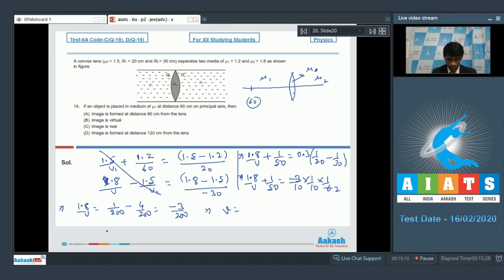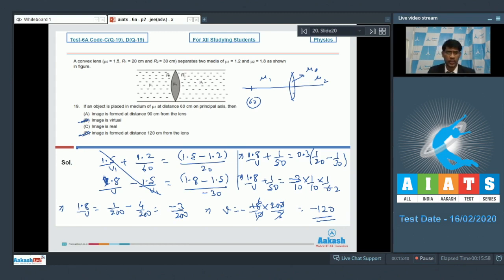So V is 18 by 10 into 200 divided by 3 with negative sign, minus 120. So for question number 19, the image is virtual and formed at a distance of 120 centimeter from the lens. So options B and D are the correct answers.